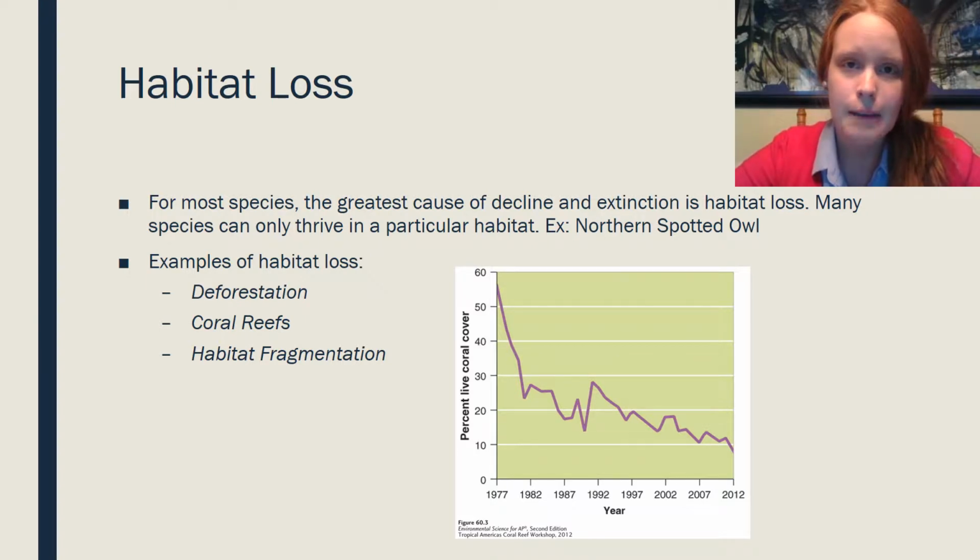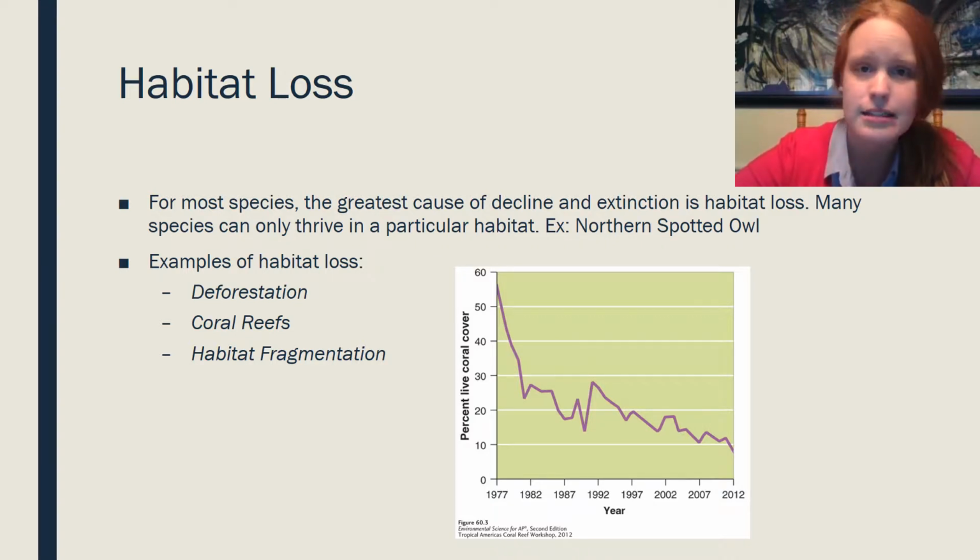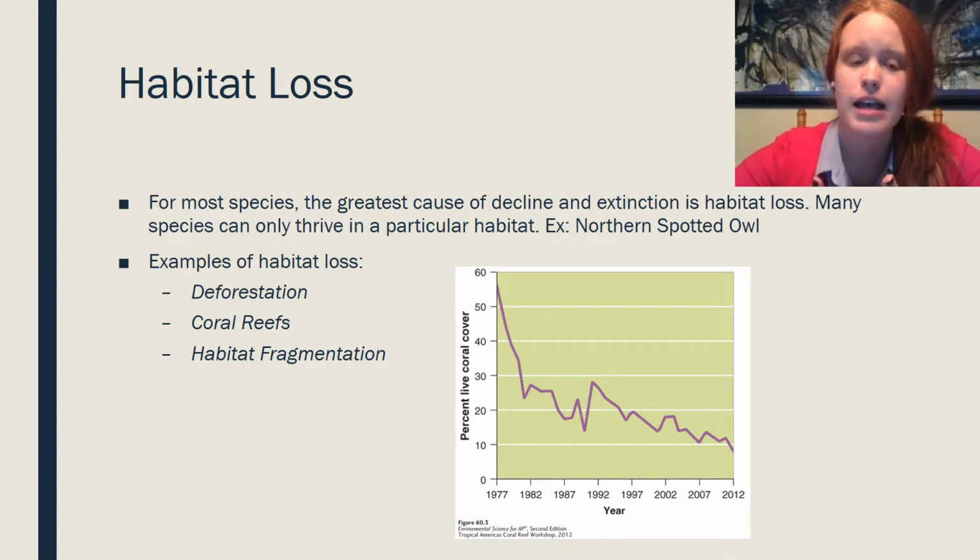So that happened. It went through a major deforestation, and because of that, the northern spotted owl's population went way, way down. It's not extinct, but it's still endangered. So deforestation is a major threat to habitats and a major thing that happens with habitat loss.